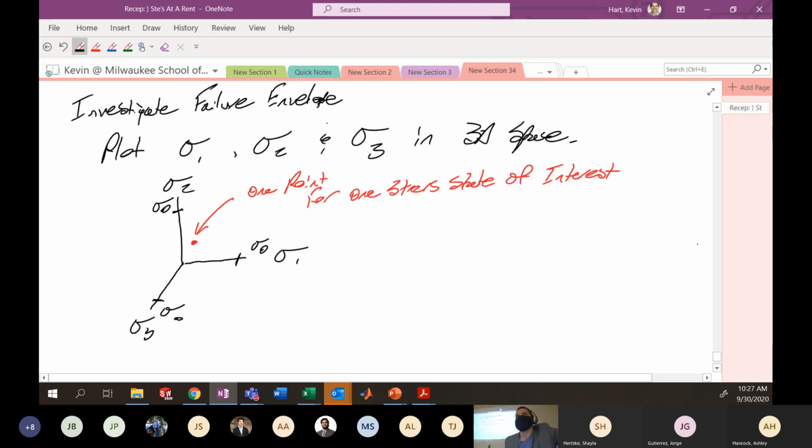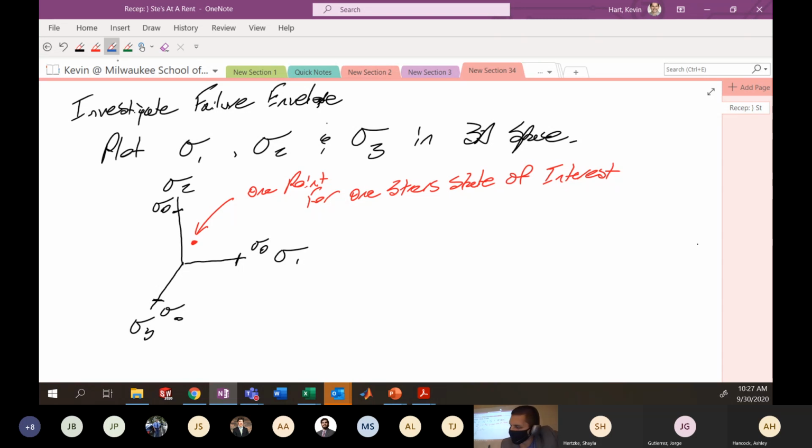I know that if any of those principal stress values for my current condition, sigma 1, sigma 2, or sigma 3, exceeds that sigma naught, I'm going to fail. So I can confine myself, or make a three-dimensional object inside of this three-dimensional space, that represents what would be a safe condition or a failing condition, okay?